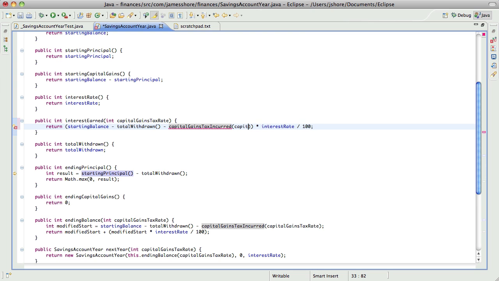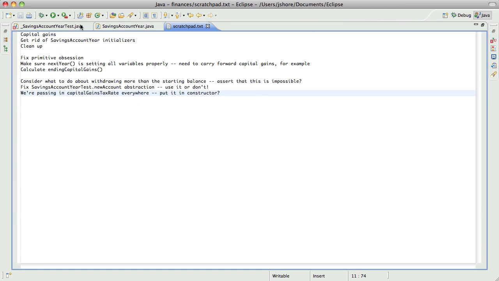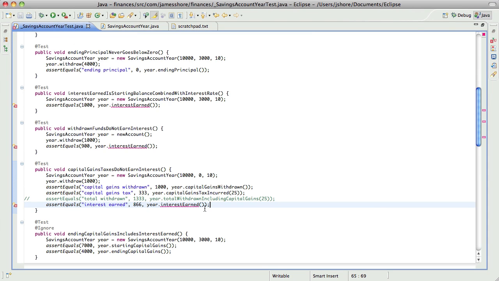Okay, capital gains tax rate. Now that's causing everything to fail because I'm not passing in the correct answer or the correct tax rate.